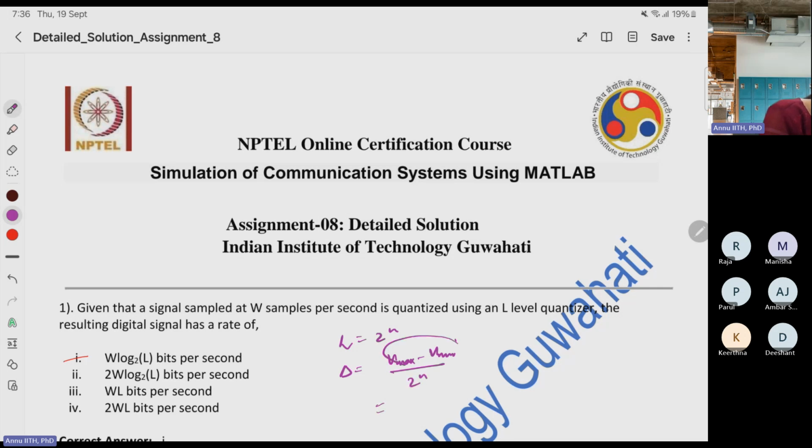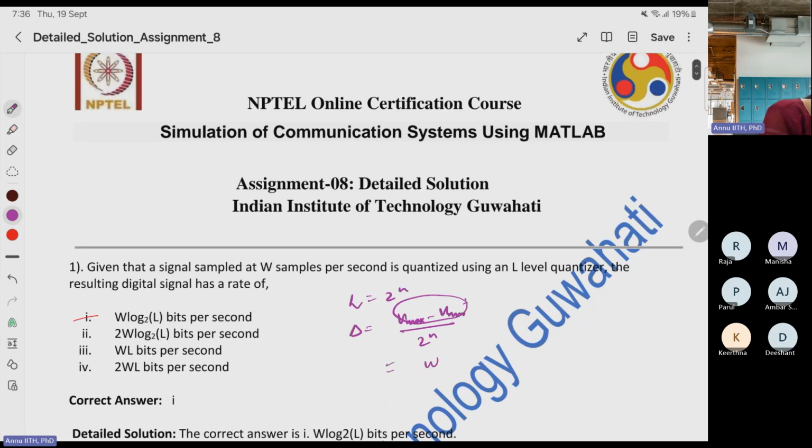So the level is 2 power n and n is log 2 L. We have W, the number of samples per second, and then the bit size is n.